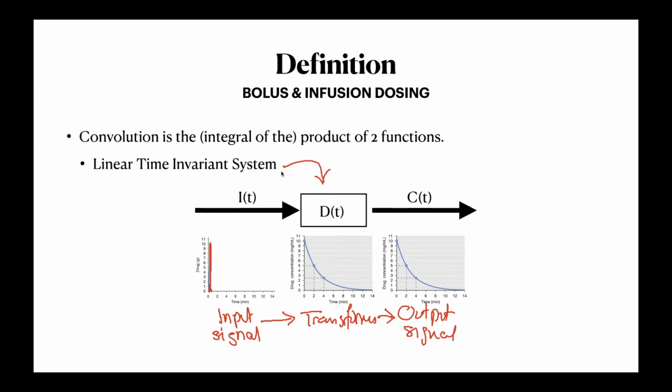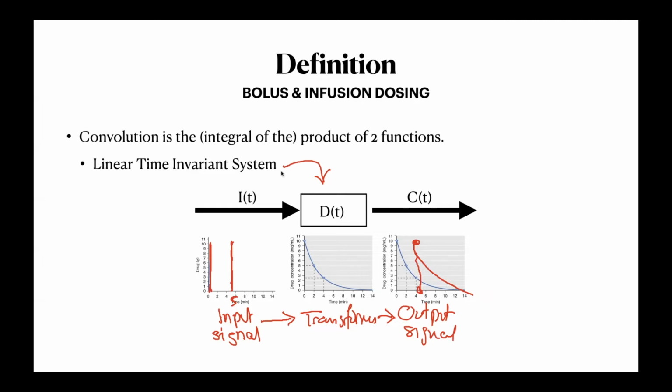A linear time invariant system will say that, let's say you delay the input of the drug. So let's say you deliver it only at the 5-minute mark. This is your bolus of the drug. The input signal will get transformed by your disposition, but your output signal, because it's happening at the 5-minute mark, will happen here.